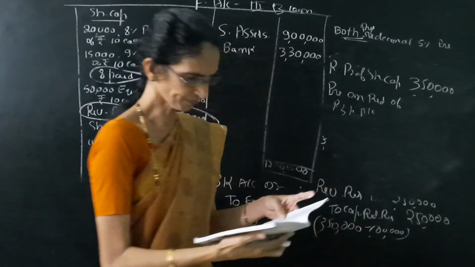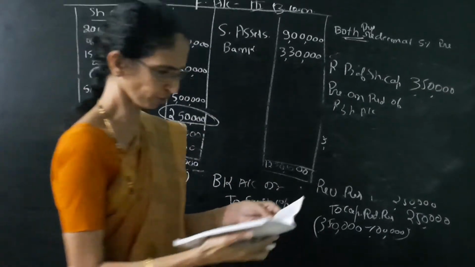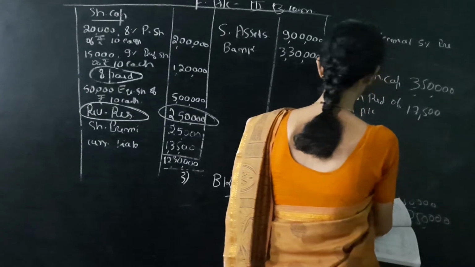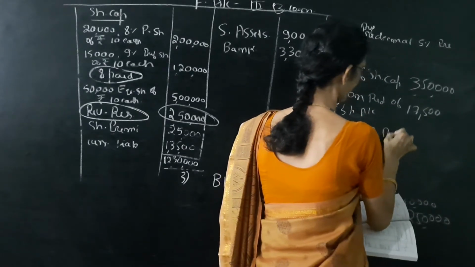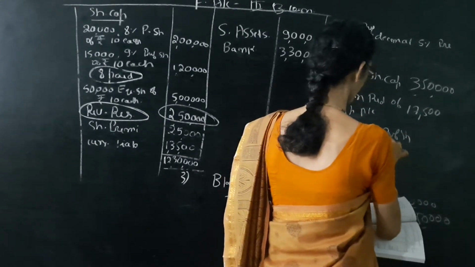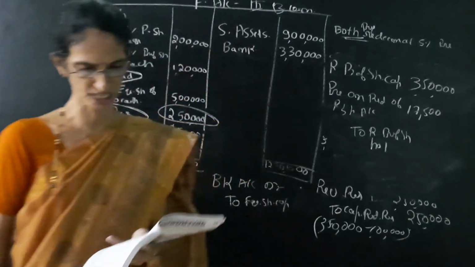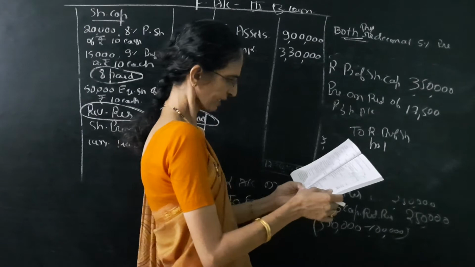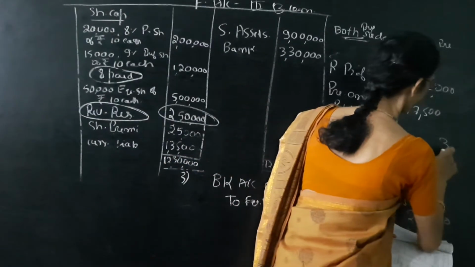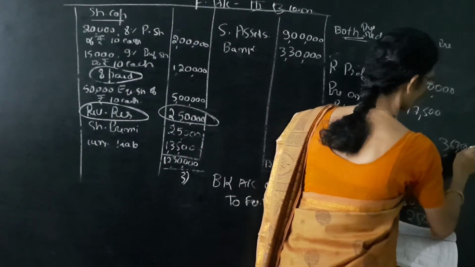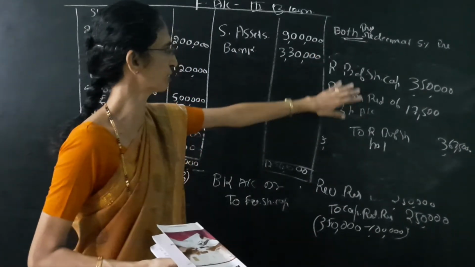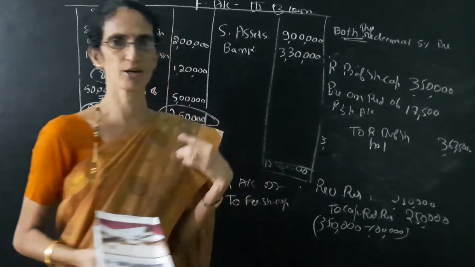See the entry, premium is in the fourth entry. Premium is 17,500. This should be given to the redeemable preference shareholders. So we have to pay the redeemable preference shareholders. The amount is 3,67,500, so credit is 3,67,500. This entry is easy: capital and premium is given to the shareholders.